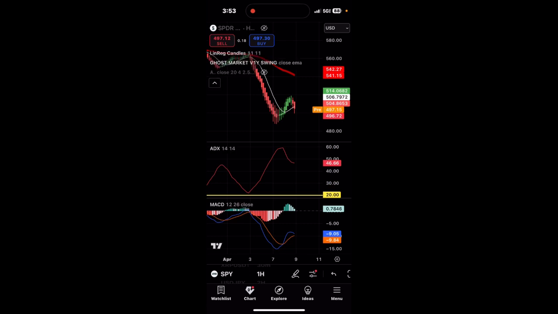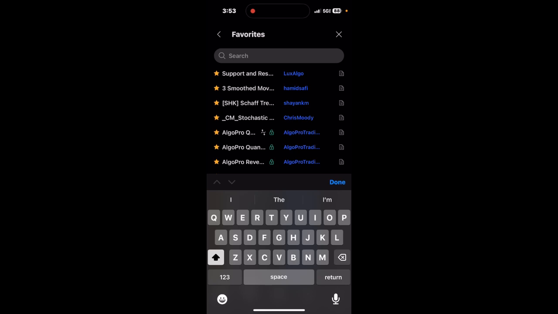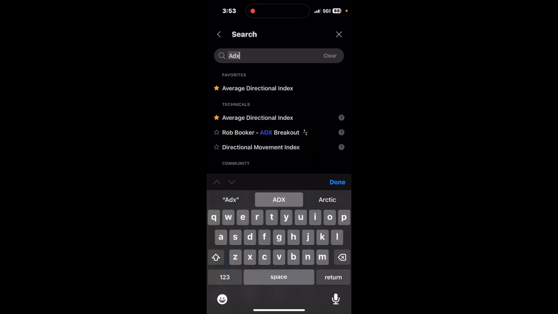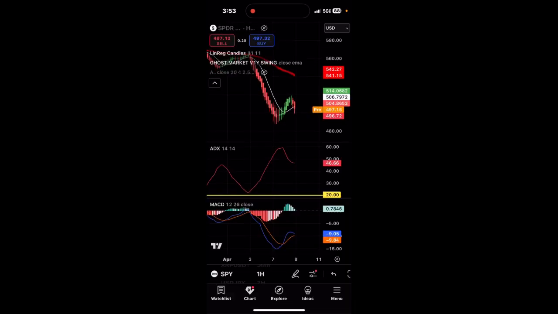And then the next one you need is your ADX, which you find under your indicators. Once you have that loaded, you're going to need to do this for whatever asset you're looking at.